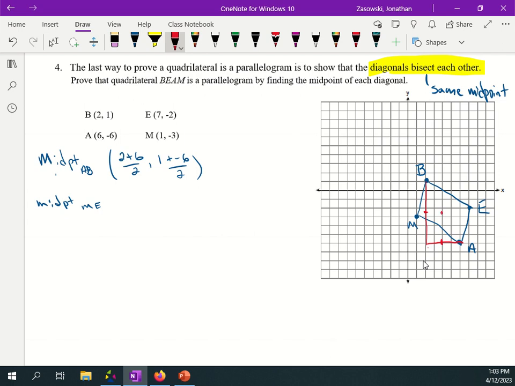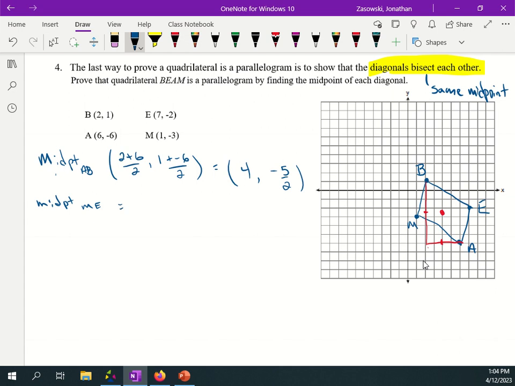And where that point is, down 3.5 over 2, that's the midpoint. That's how you can use the graph. If you use the formula, you just add 2 plus 6 is 8, divided by 2 is 4. And then 1 minus 6 is negative 5, over 2 is negative 2.5, or we just leave it like this.